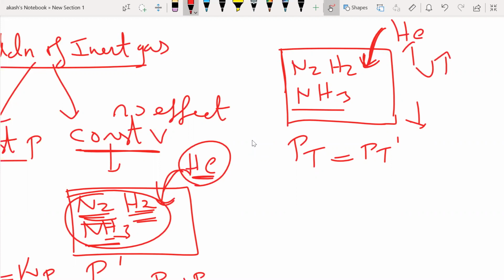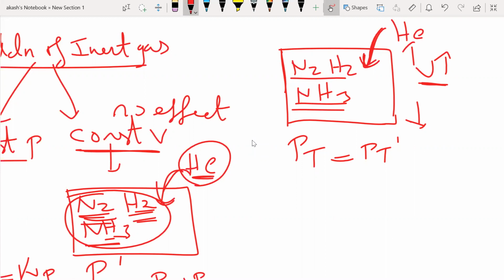It's like a balloon. When you add more gas, the volume expands, right? Now, what are you indirectly doing? You are increasing the volume, and this definitely is a reaction where delta N is not equal to zero. So whatever you saw for increase in volume, the same thing you will see here also. The reaction is going to move to the side which has more stoichiometric coefficient.